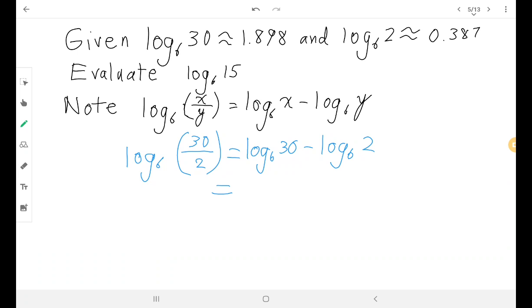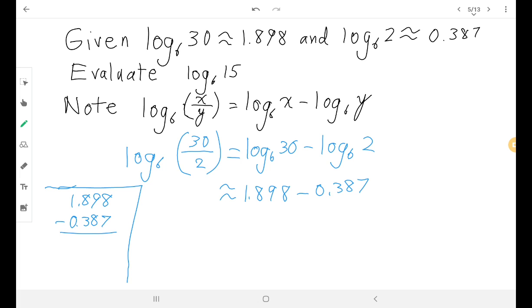Log base 6 of 30 is approximately 1.898, and log base 6 of 2 is approximately 0.387, and then maybe I'll do a little bit of side work over here and do 1.898 minus 0.387.